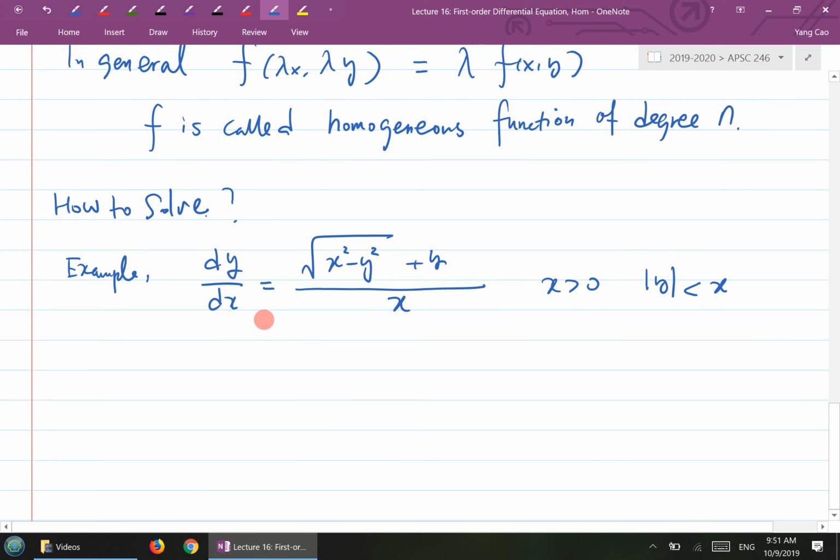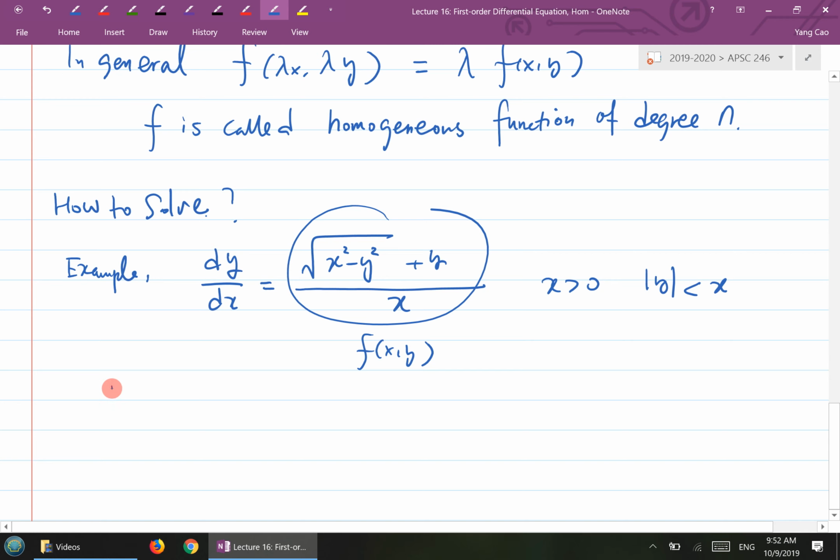All right, so now let's solve this one. If in an exam setting you have a first order differential equation, you have to identify what it is. Since we're learning the homogeneous equation, this must be a homogeneous equation. So let's take a look at whether this is a homogeneous equation of degree 0 or not. This one here is your f of x, y.